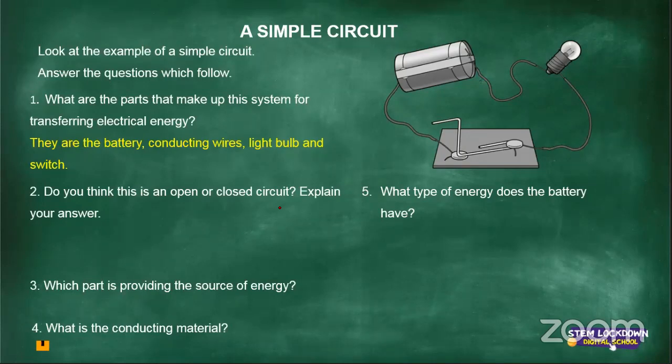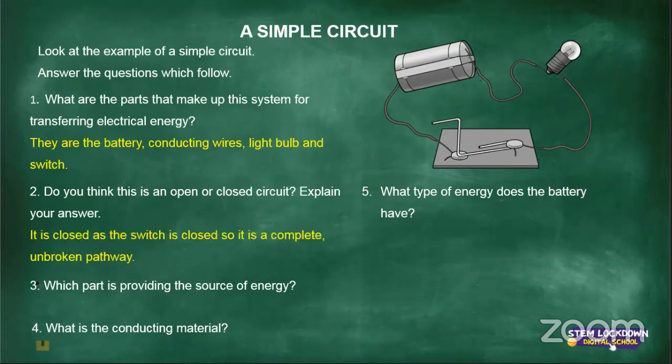Very good. So if it's open, the energy wouldn't pass through the wires. So an open circuit depends on the switch. And then a closed circuit allows the energy to pass through. Well done. Okay, so I'm going to give you the answer.